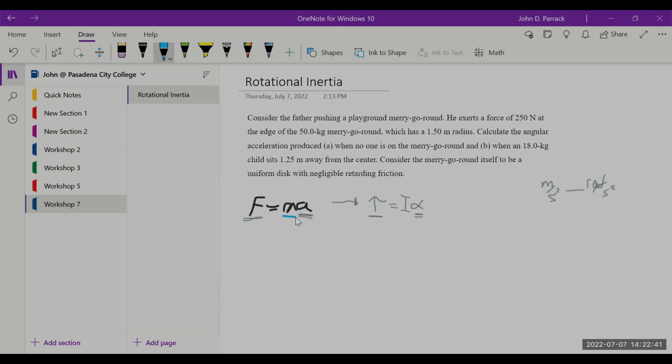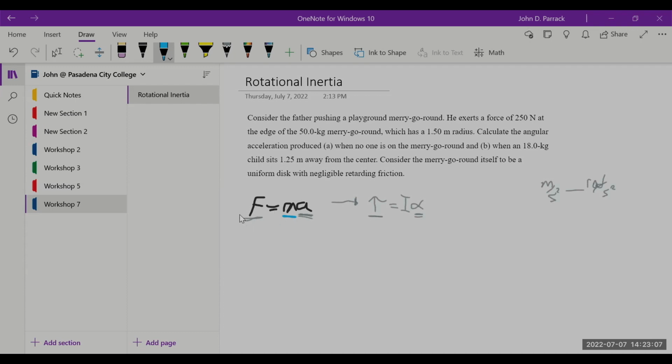So m is the mass of an object, and you've seen how m sort of represents an object's resistance to being accelerated, an object's resistance to having its velocity changed. If m is very great, if m is large, we have a lot of mass, it takes a pretty substantial force to accelerate the object.